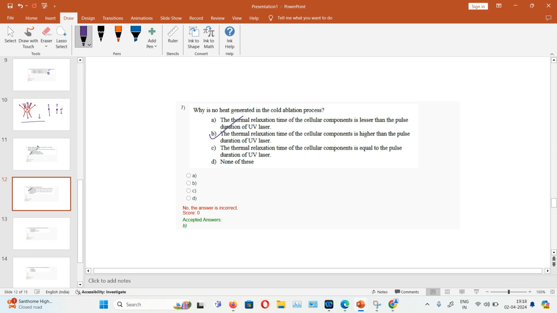So without getting time to vibrate and transfer heat, the molecule is detached from the cellular environment. That is called cold ablation because the heat is not transferred at all. So the answer is B.